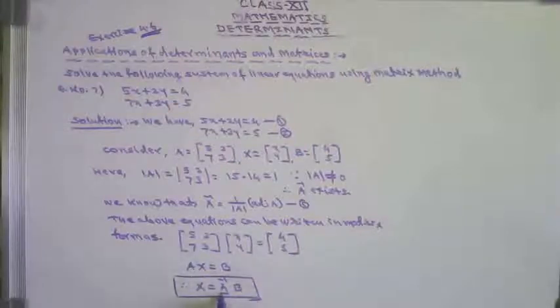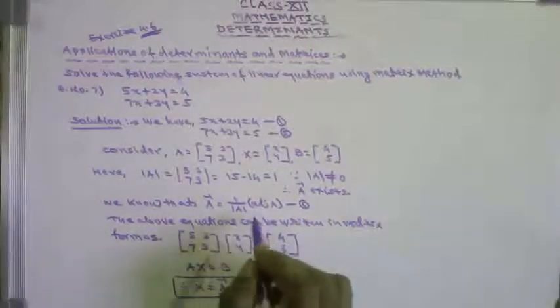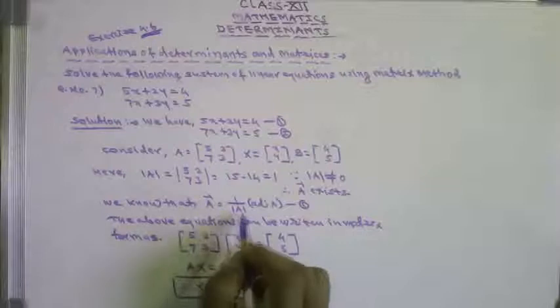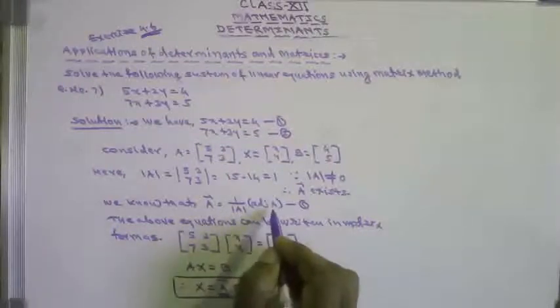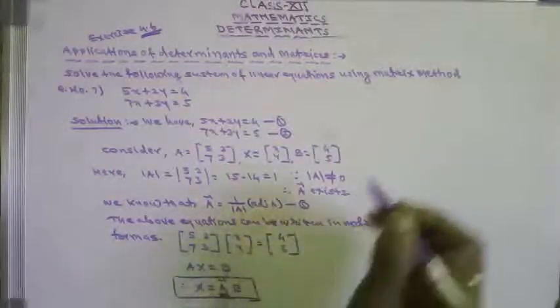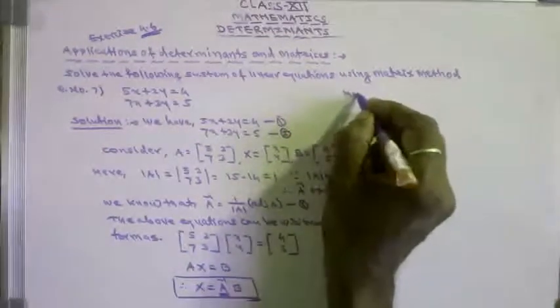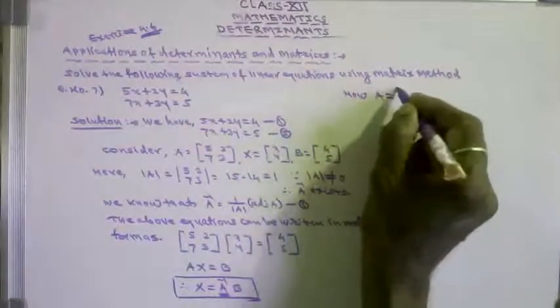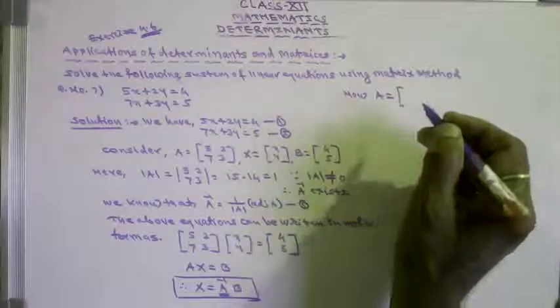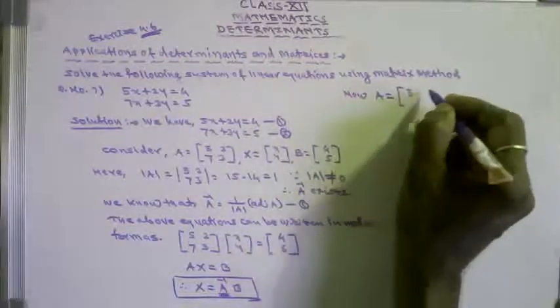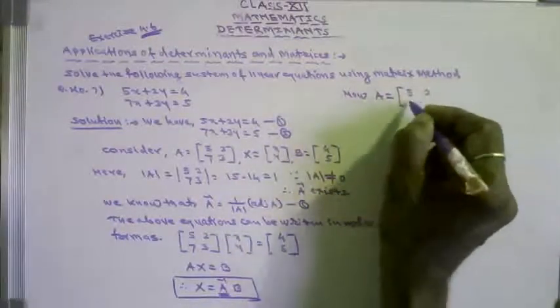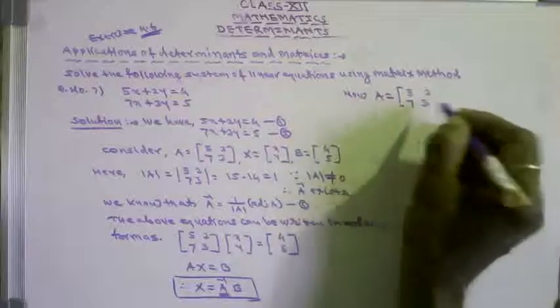Now we have to find this A inverse. What is A inverse? For that, first find the adjoint. A inverse equals 1 upon determinant of A into adjoint of A. To find the adjoint of A, capital A is 5, 2, 7, 3.